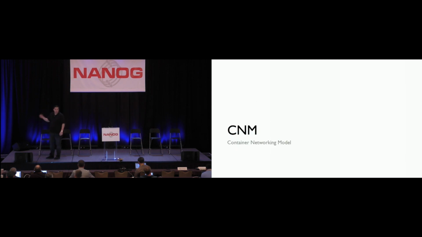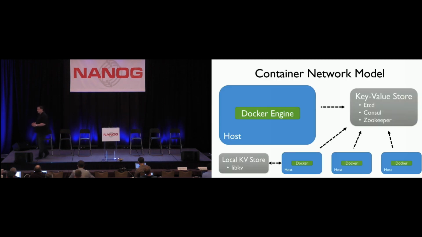CNM, that's my favorite, so I'm a little bit biased. In CNM, it works with a very important caveat. With the orchestrator, it knows the entire topology of where the containers are, what kind of IP addresses they use, what's configured on them, et cetera. In the container networking model, Docker acts as an agent.